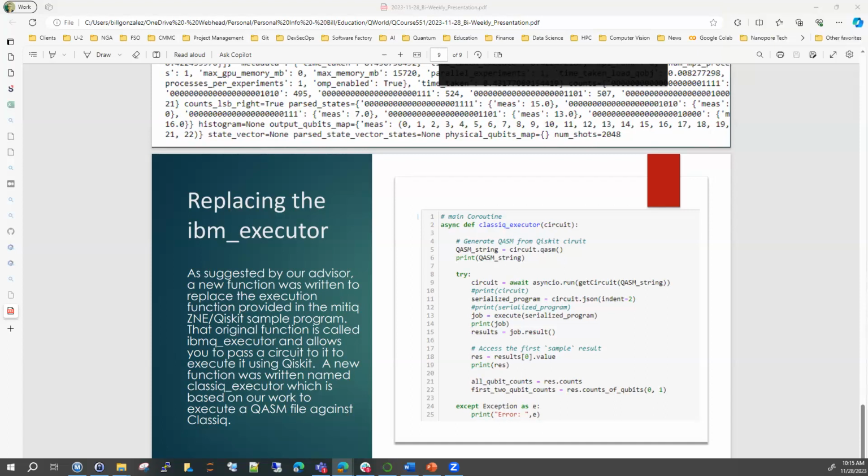Well, we're hoping that we can take the MIDIC libraries. For example, ZNE is the first one that we're trying to do.